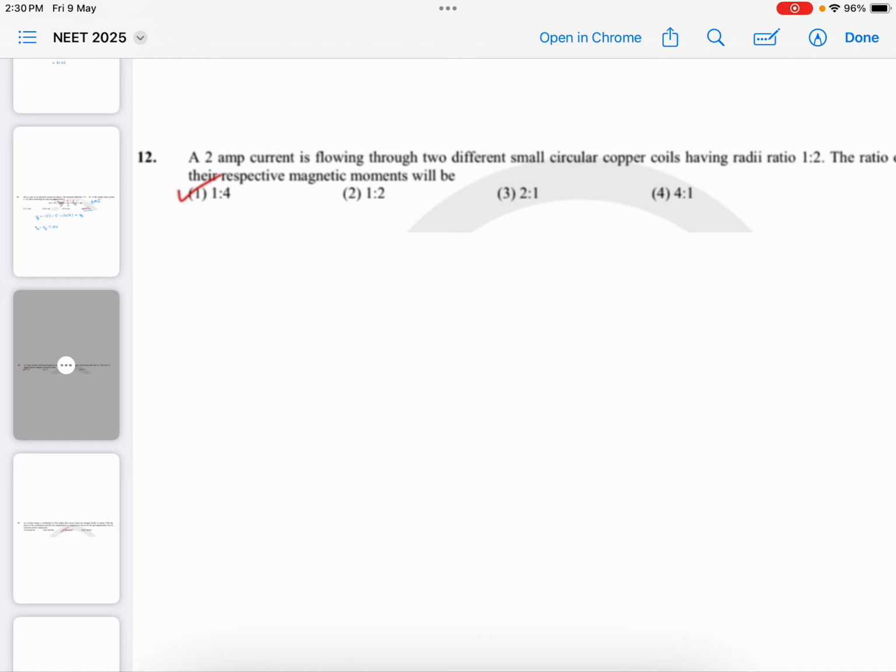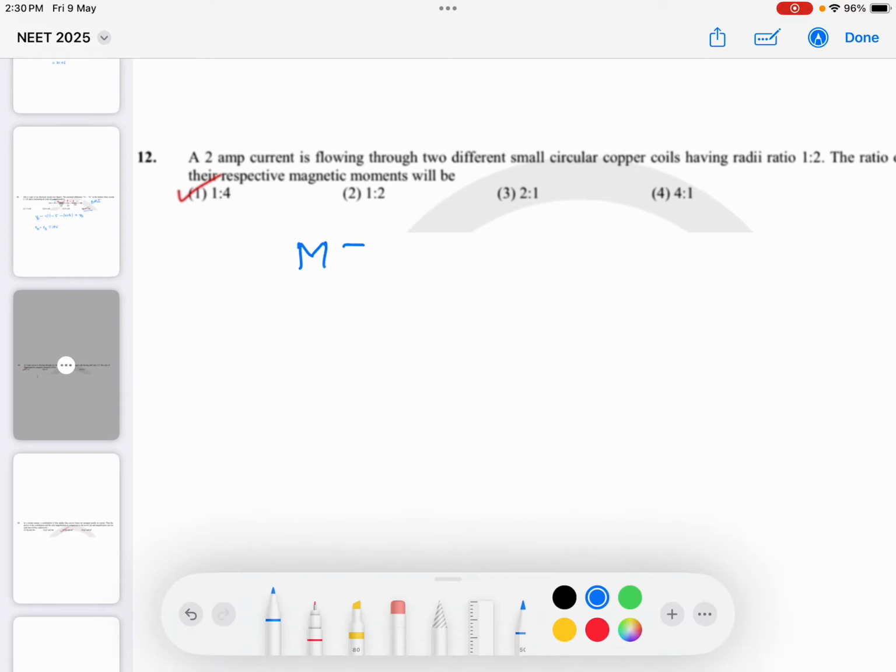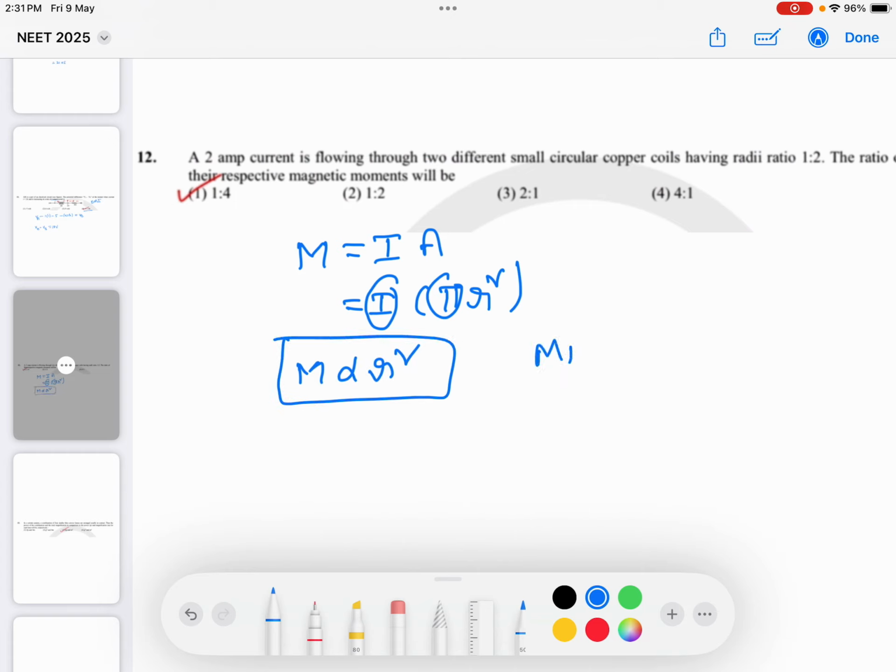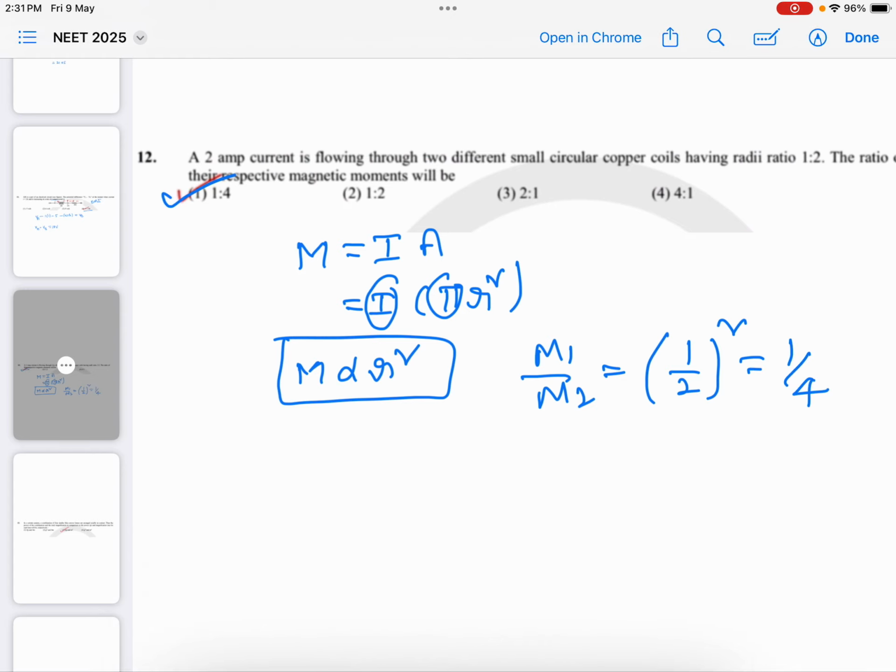For circular coils, it is pi r square. The 2 amps current is constant and pi is constant, so M is directly proportional to r square. Here M1 by M2 is R1 squared by R2 squared, with the ratio 1:2, which is 1 by 4. Option number 1 is there. That is the right answer.